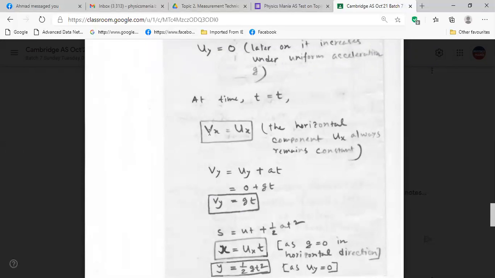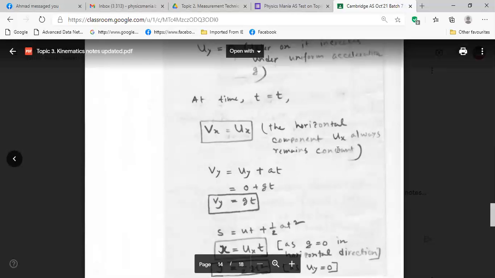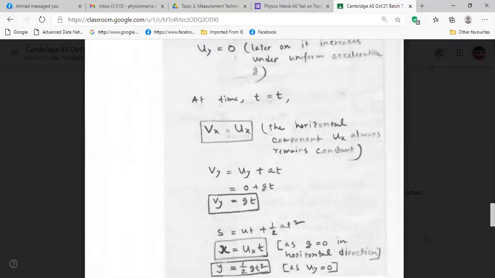Velocity will be v. So v has two components. One is vx, another one is vy. So what is vx? We are saying vx will be still ux. Why? The horizontal component, the way you threw it, that one will always be constant. The horizontal component ux always remains constant for the entire journey.